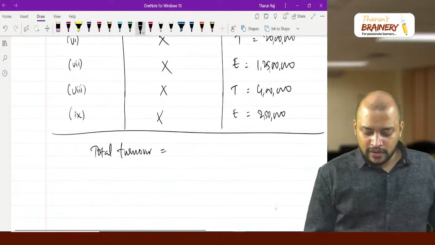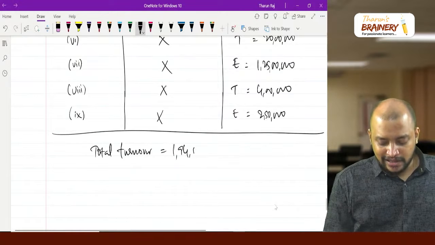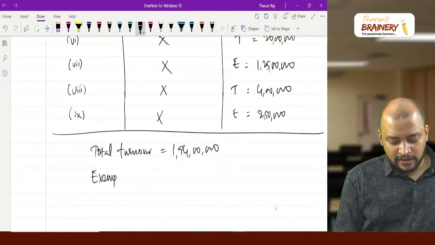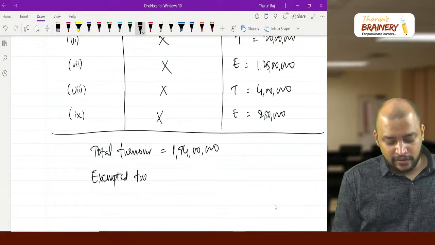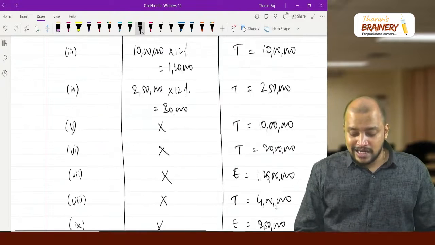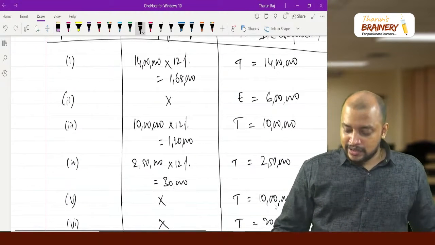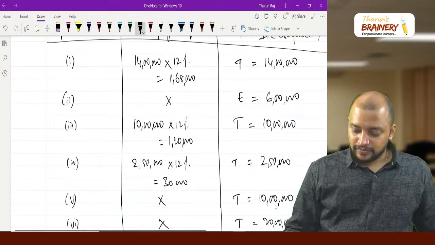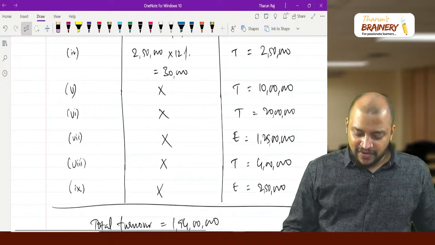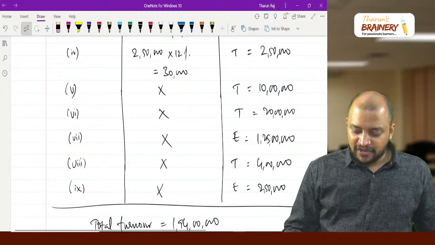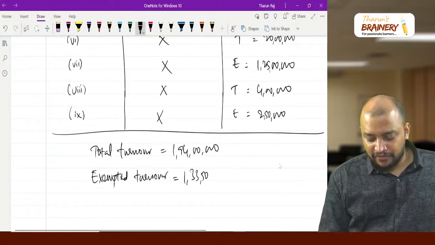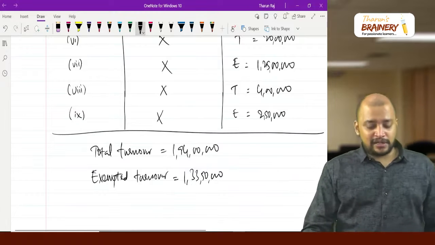So 1 crore 94 lakhs will be the total turnover. Now exempted turnover. Wherever we have kept E, that should be taken: 6 lakhs, then 1 crore 25 lakhs plus 2,50,000. So 1 crore 33 lakh 50,000 will be the exempted turnover.